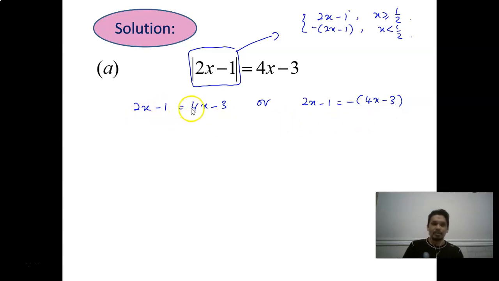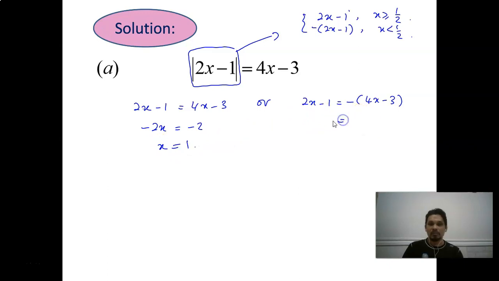So 4x here becomes negative, so 2x minus 4x, negative 2x. Negative 1, brought to the other side, becomes positive, so negative 3 plus 1, negative 2, then x equals 1.